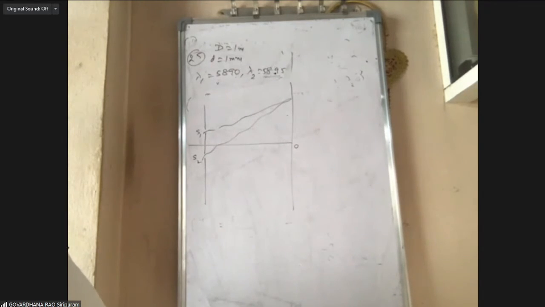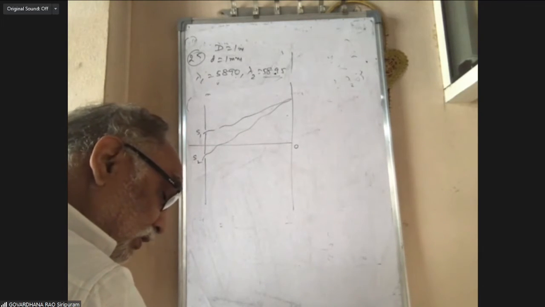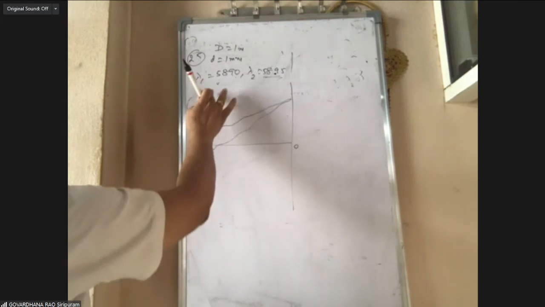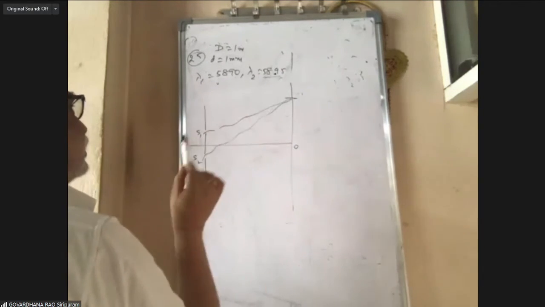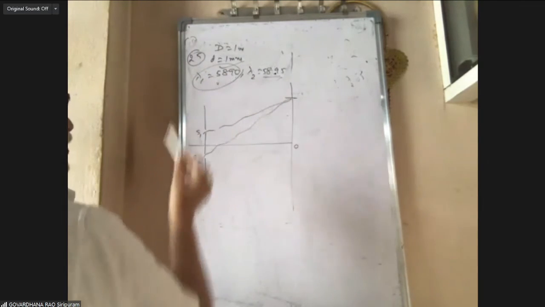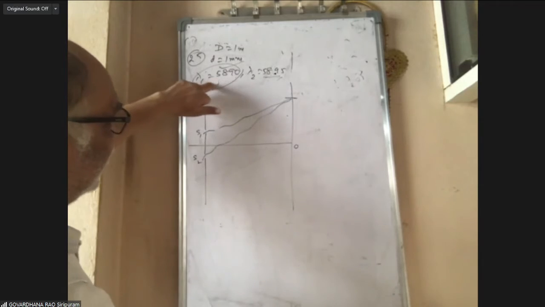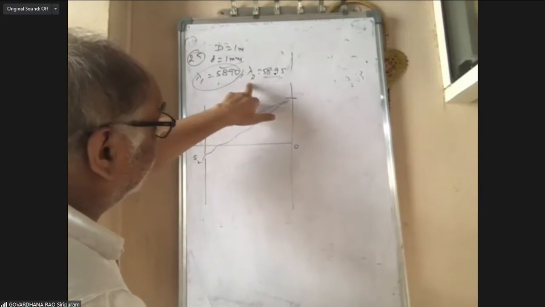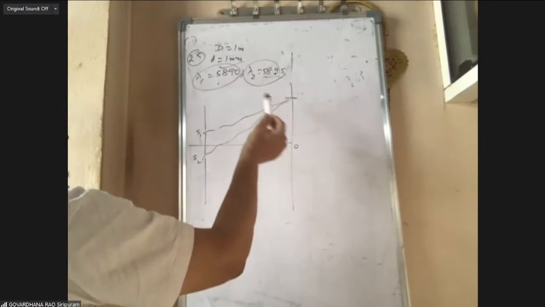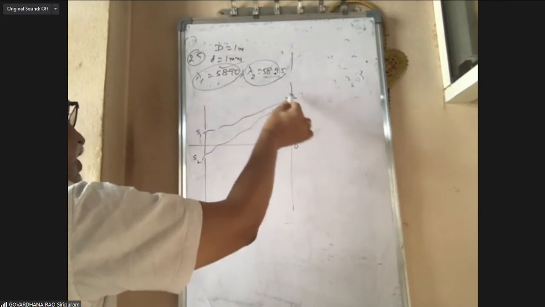Suppose somewhere you are getting the bright fringe of one wavelength, and at that point you get dark of the other, then the bright fringe is cancelled by the dark fringe.